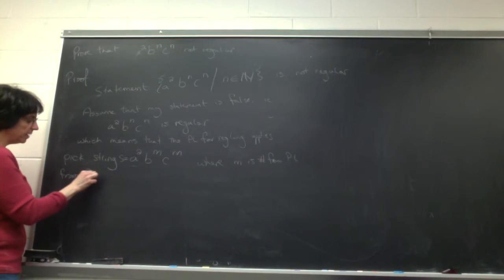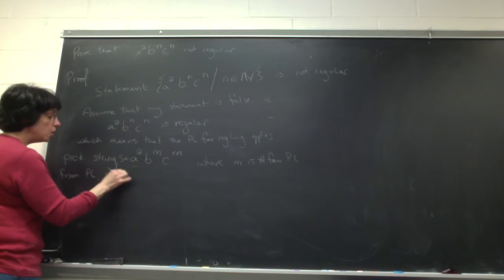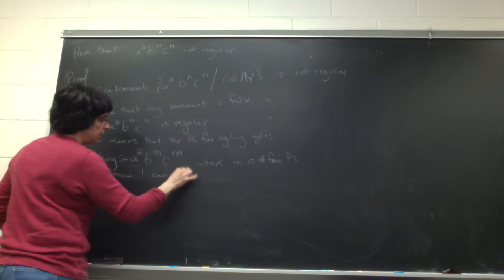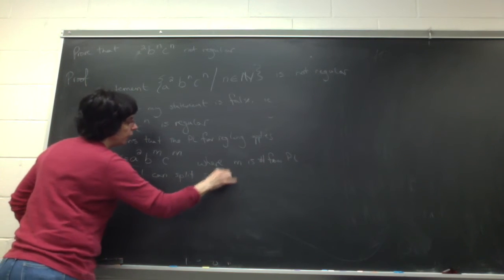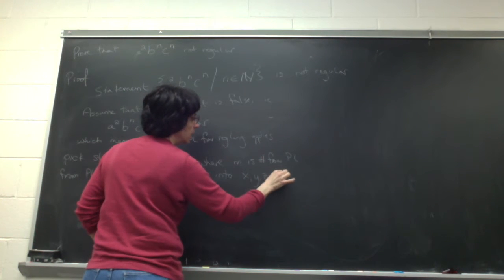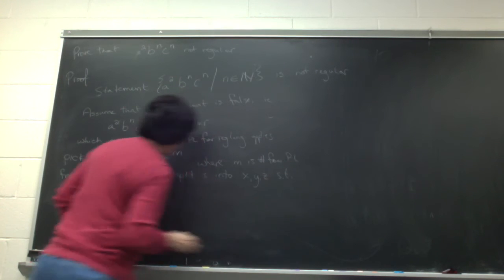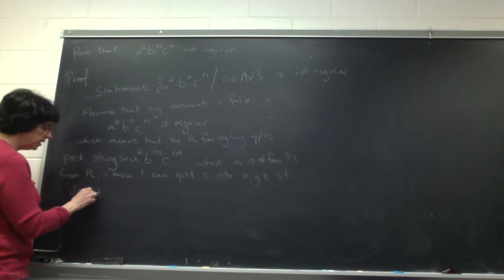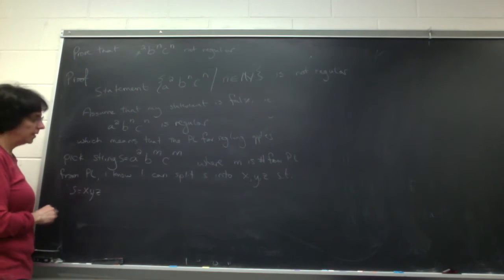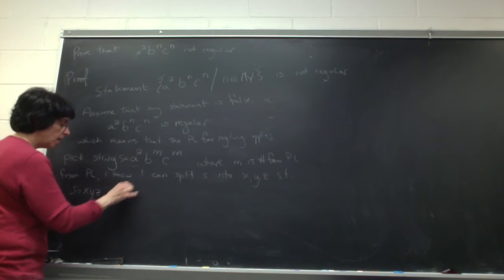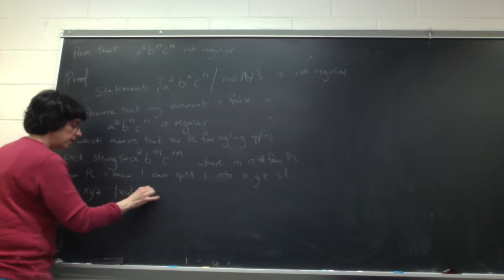All right. From the pumping lemma, I know that I can split s into x, y, and z such that s equals the concatenation of x, y, and z, and the length of xy is less than or equal to m.